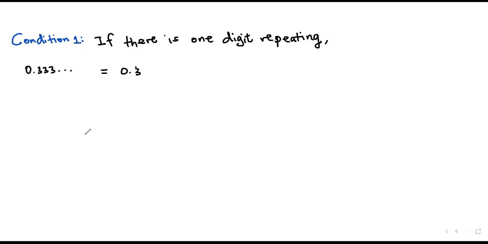Do you see that? You understand that, student? Yes. You write 0.3 and a dot on the top of 3. It means that it is only 3 that is repeating.